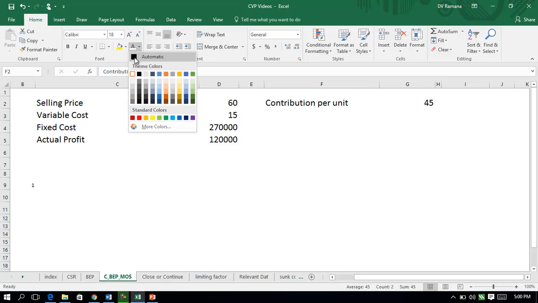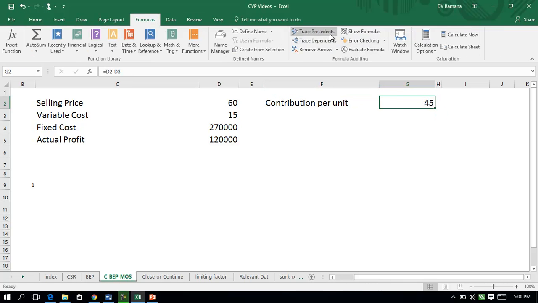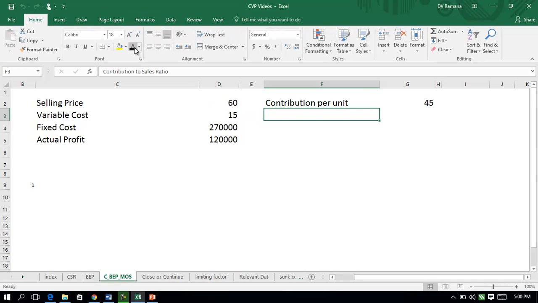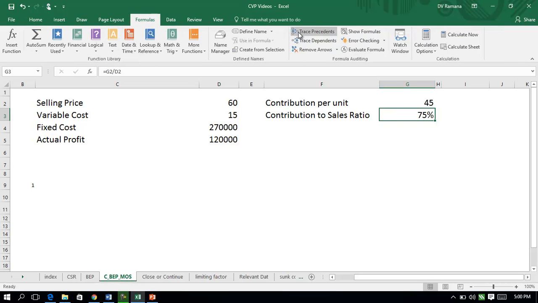The contribution per unit is equal to S minus V. So contribution to sales ratio is 45 divided by sales. So that is contribution to sales ratio, which is also called contribution margin.